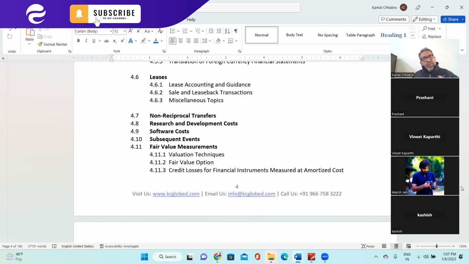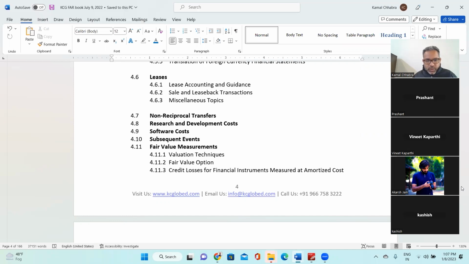But here we'll be focusing only on the accounting side. In FAR, our focus is on the accounting side, how to account for the subsequent events, right? Sure, got it. So next one is fair value measurement.